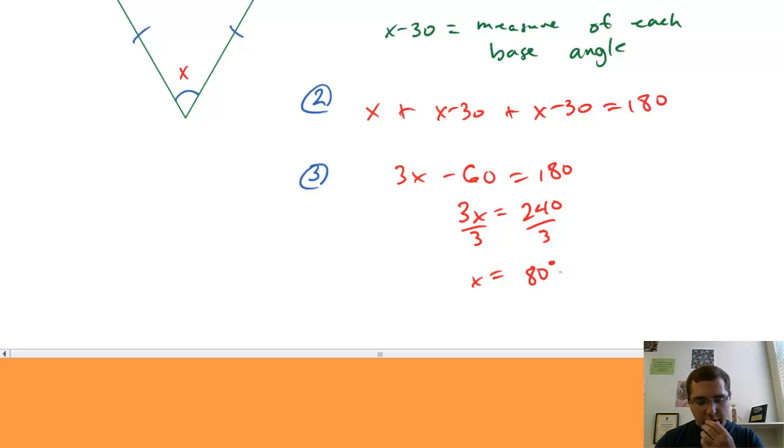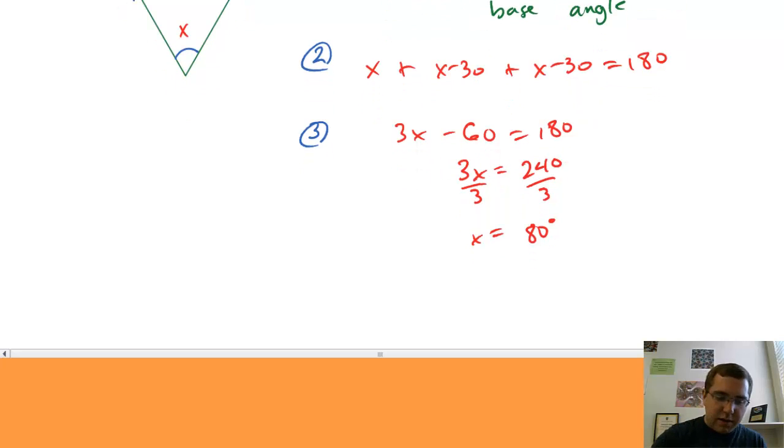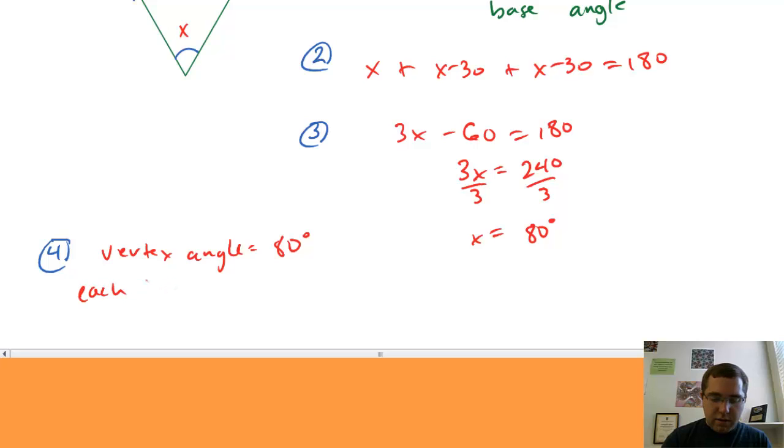Step 4, answer the question and check my answer. So if I need to know the measure of each angle, then the vertex angle is 80 degrees, and each base angle is 80 minus 30, which is 50.